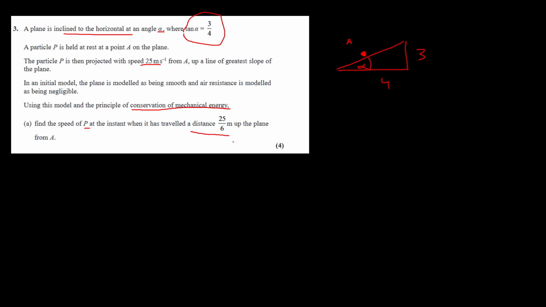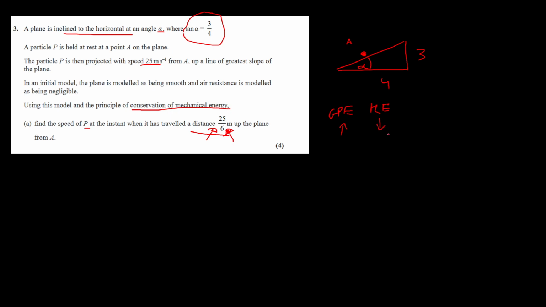Okay, so we know its gravitational potential energy is increasing because it's traveling up the plane, which means that if we remember that our mechanical energy stays constant, then if it's gaining gravitational potential energy, then it needs to lose the same amount of kinetic energy.